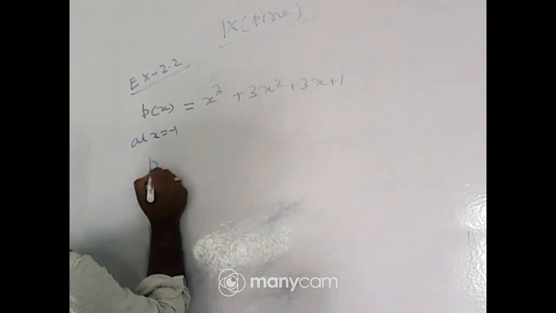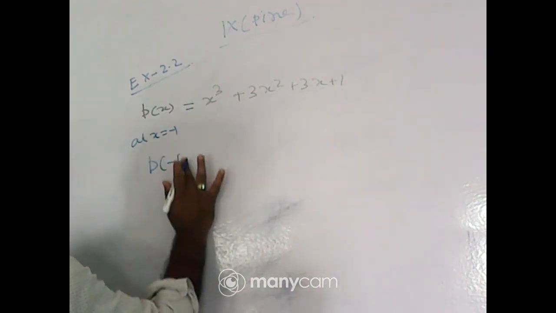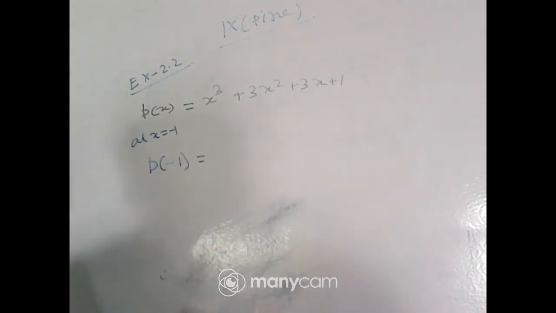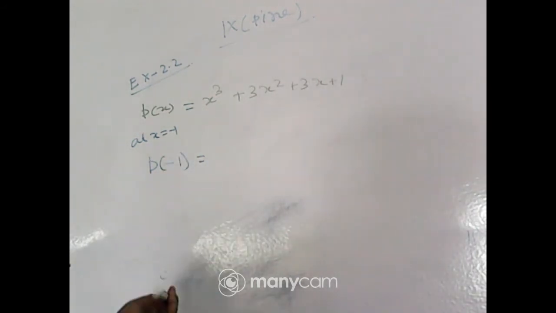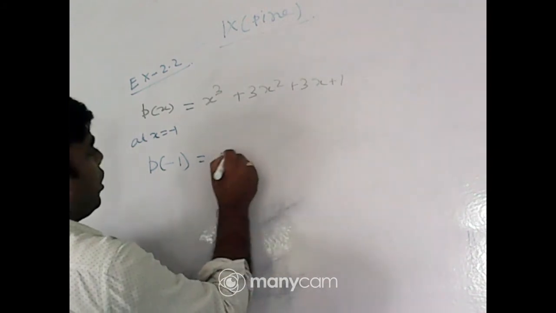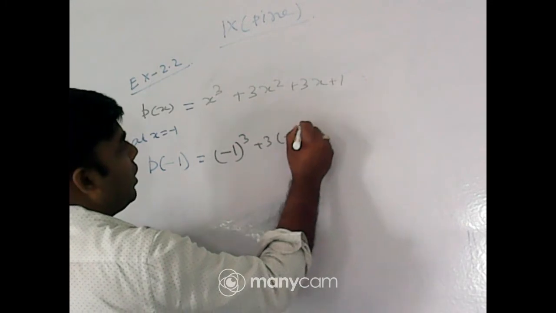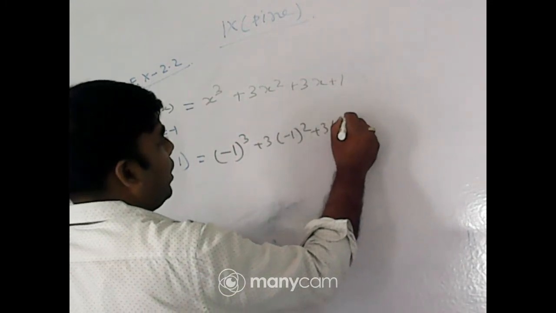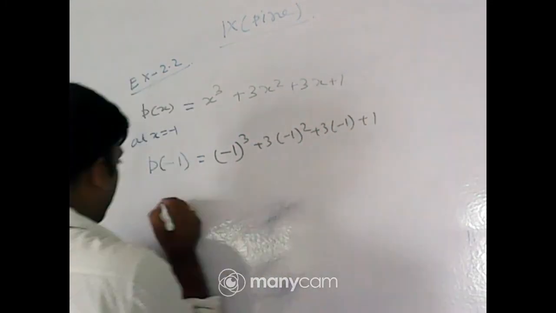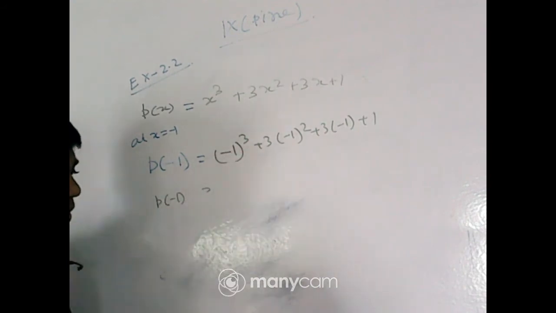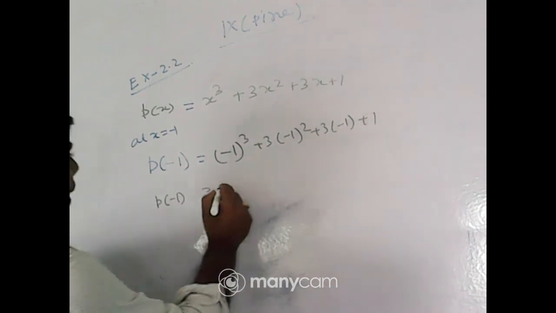So P of minus 1: in place of x, I put x equal to minus 1 on the right hand side also. So minus 1 cube plus 3 into minus 1 square plus 3 into minus 1 plus 1. Minus 1 cube is minus 1.